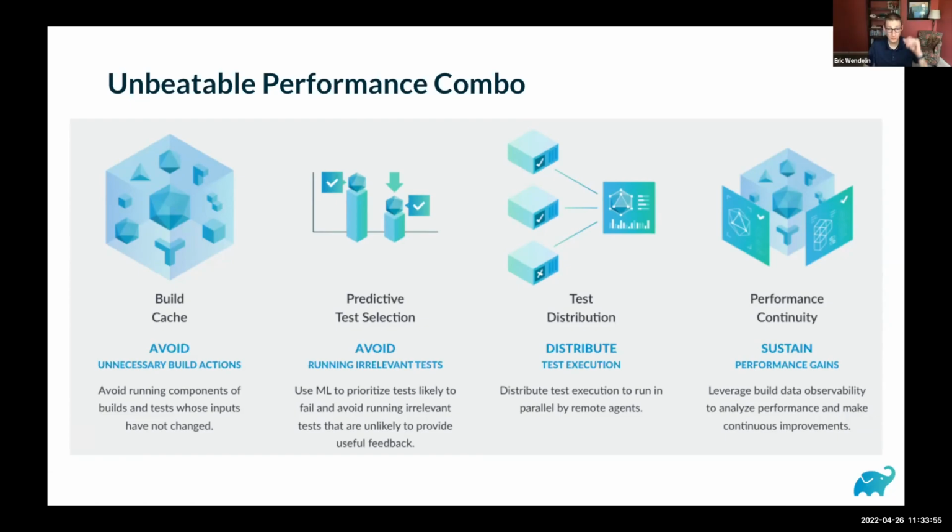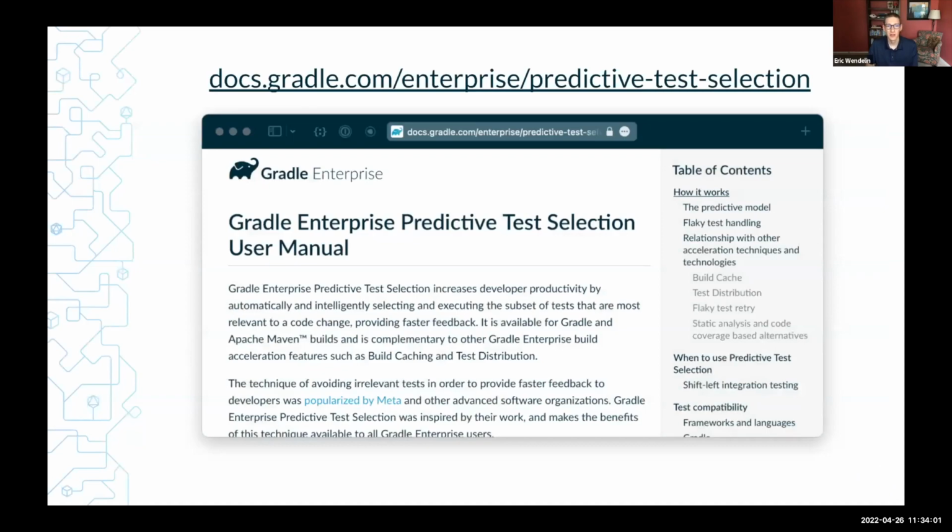Yeah, that's right. So what if I wanted to get started with all this? Well, the short answer is to contact us through the website, or to reach out to your Gradle Enterprise account manager if you're already a customer. Obviously, we love open source at Gradle, and one of the ways we give back is to sponsor Gradle Enterprise for open source projects. To set up Gradle Enterprise, it runs on Kubernetes.